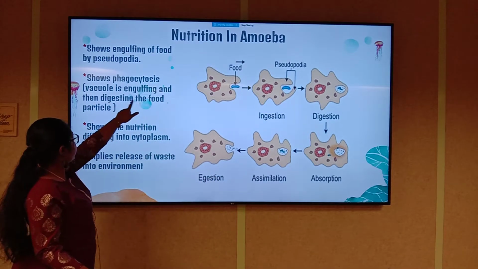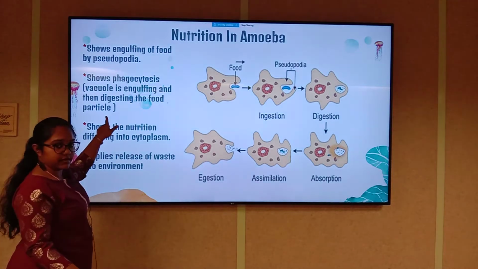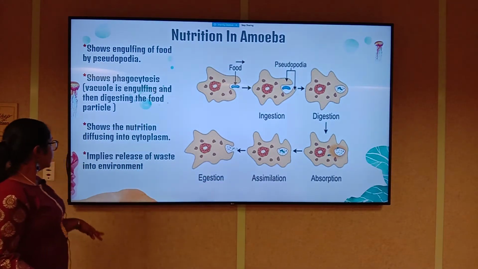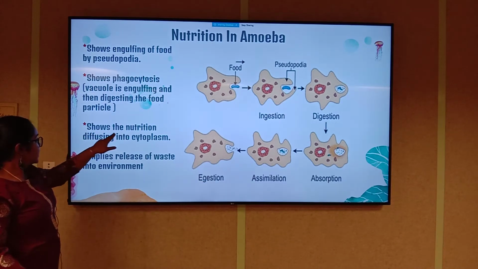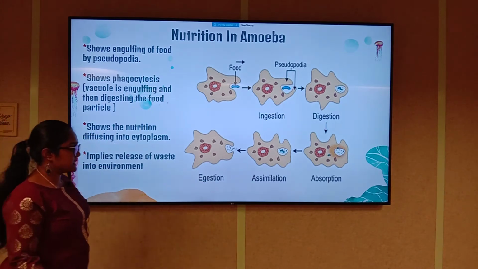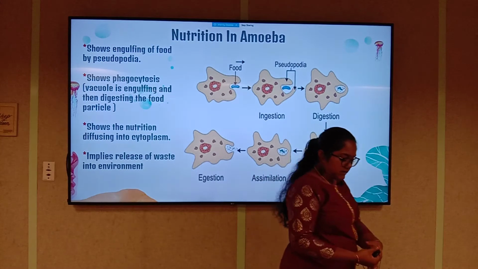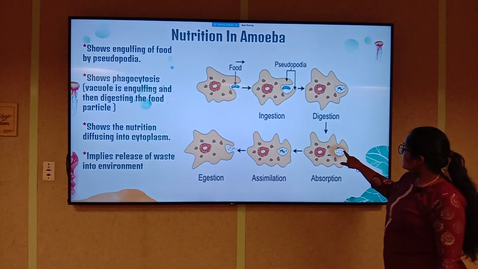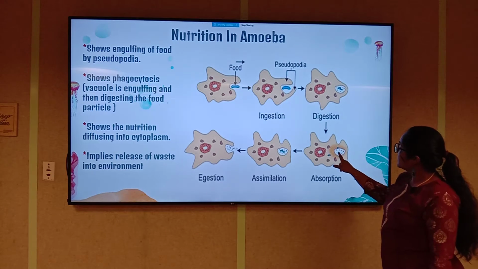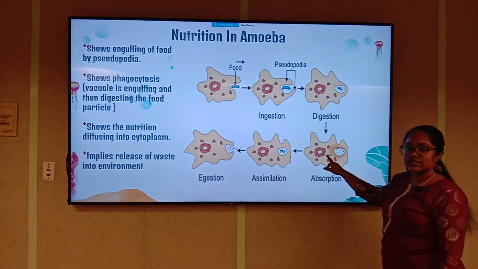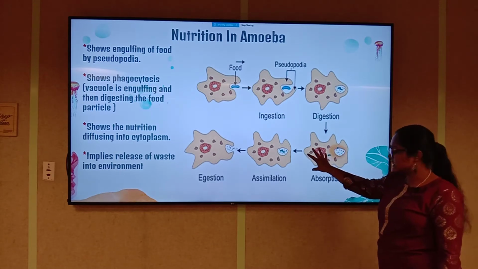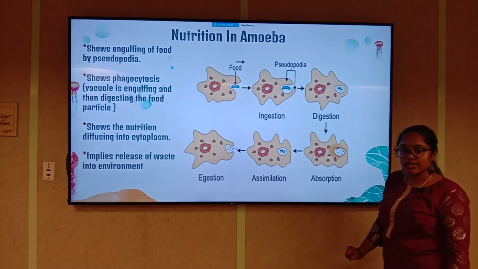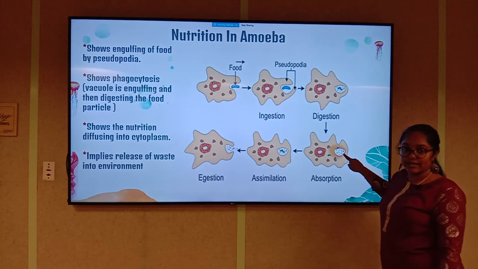The vacuole is engulfing and then digesting the food particle. And in step 4, that is under absorption, it shows the nutrition diffusing into the cytoplasm. See in the picture, in step 4, here the nutrients are coming out of the food vacuole, that is, it is diffusing into the cytoplasm. The whole cell body of the amoeba is absorbing the nutrients from the food vacuole.